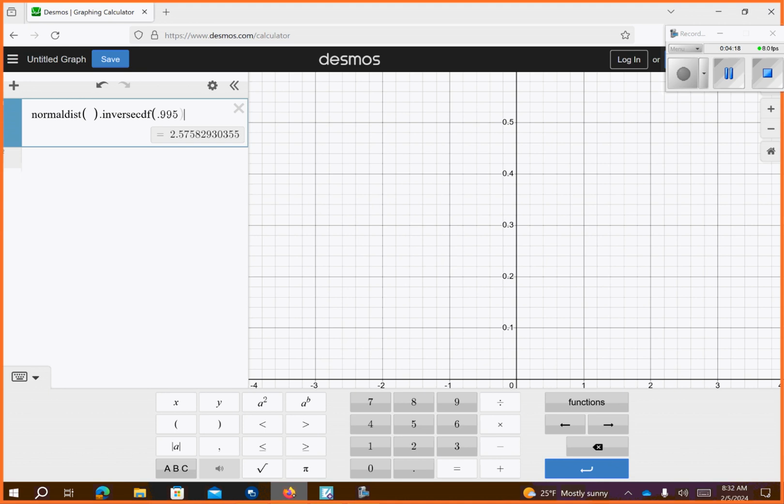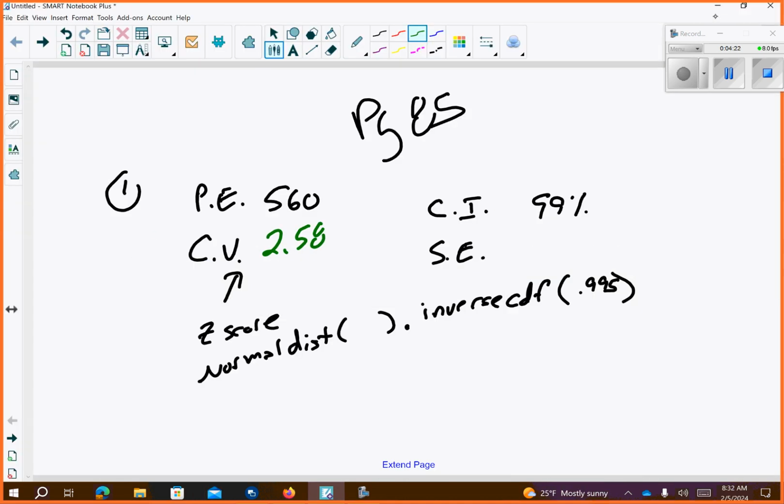Okay, so we have standard deviation. So in order to get this, we're going to go z times the standard deviation over the square root of the sample. So our critical value is going to be 2.58 times our standard deviation, which they told us was 150, over the square root of our sample size, which is 200.